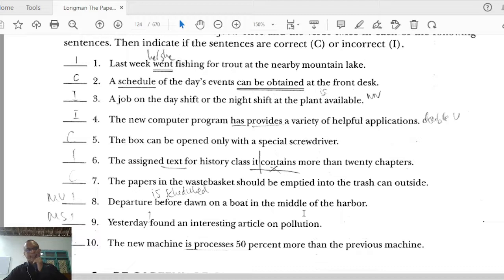Nah, ini juga incorrect ya. Kenapa? Karena double verb ya, has provides. Nah, ini juga is a double verb ya. And then next one we have okay, wait teman-teman.